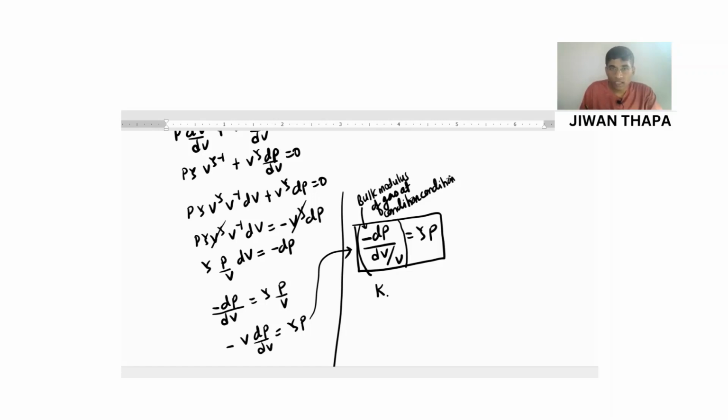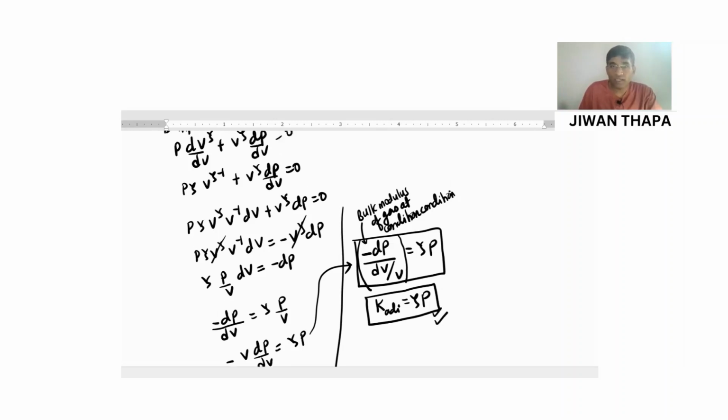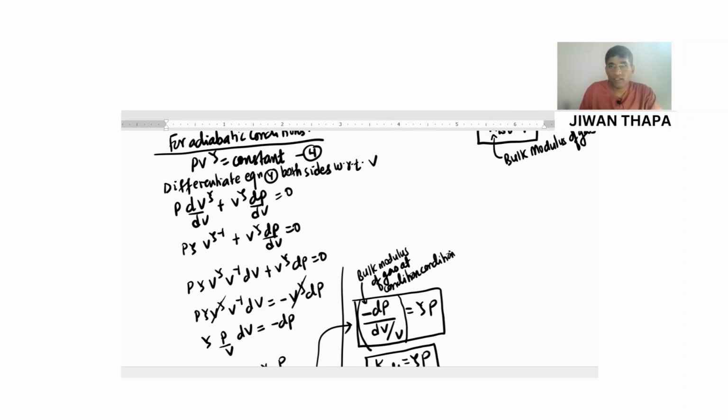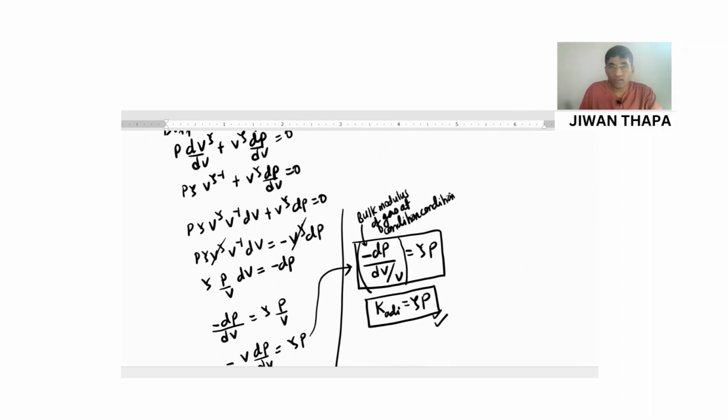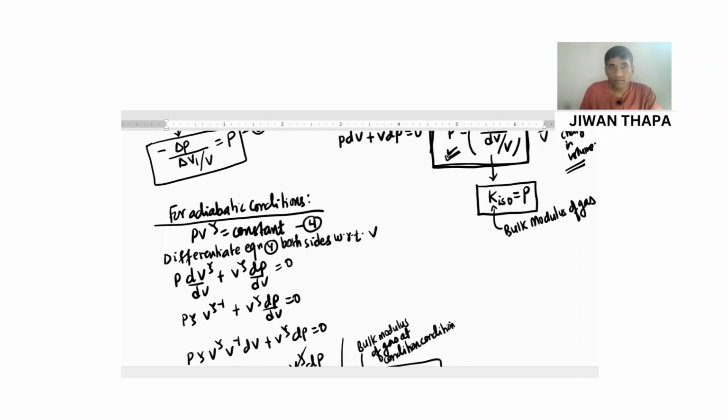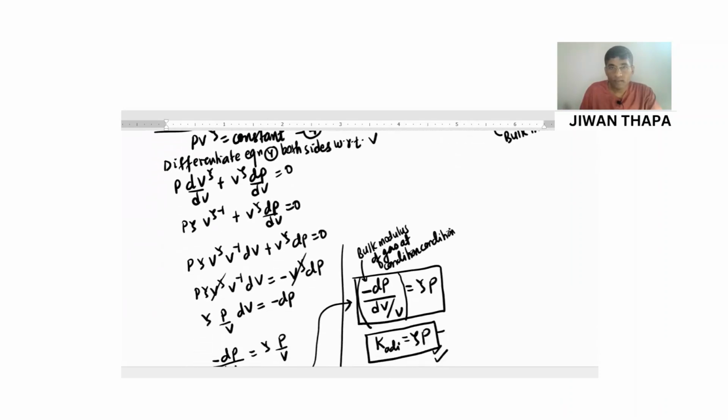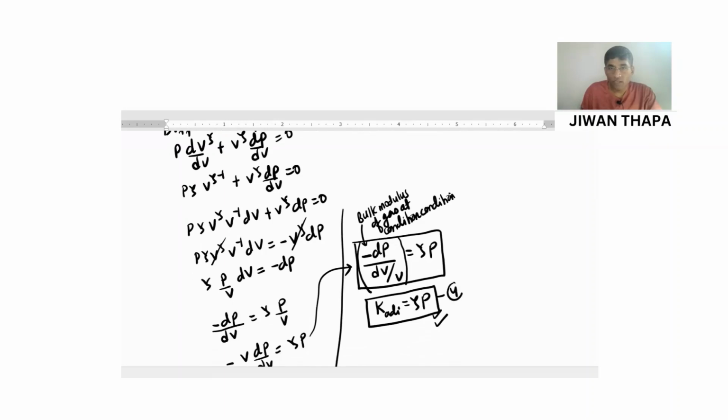So K adiabatic is gamma times P. We can use this relation directly instead of doing this calculation. Now we have equation 3, and let us call this equation 4.